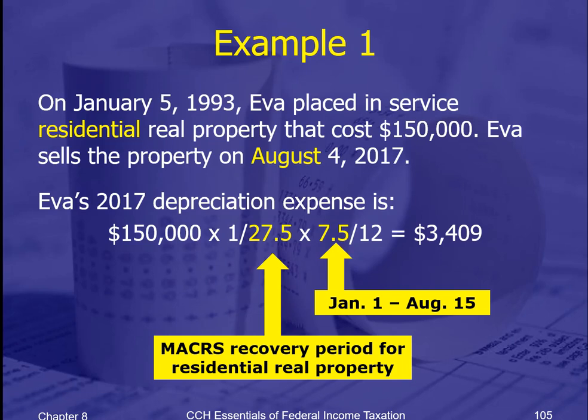The first year and the last year are the only years you have to worry about mid-month. Everything else is just nice straight line, easy to calculate. Just the amount of costs divided by 27 and a half. But in this year, because he sold it on August 4th, that's assumed to have happened on August 15th. So 7.5 months, January through July plus half of August.